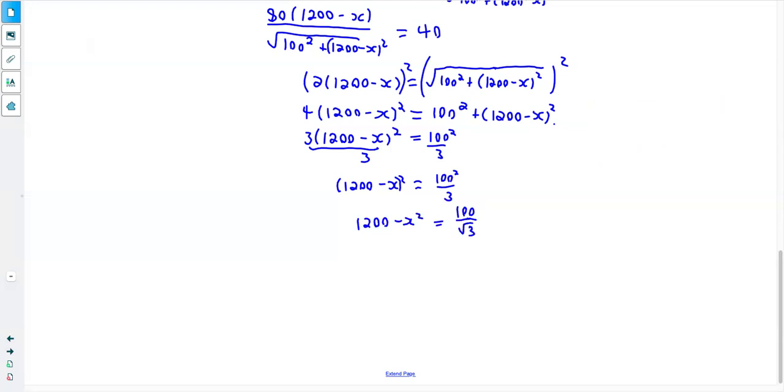Now, when we took that square root, technically that gives us a positive or a negative. Now, I would probably move x to the other side and move this to this side. So we've got 1200 plus or minus 100 over root 3 is equal to x. I realized I took the square root of both sides, but I forgot to get rid of the squared on the x.